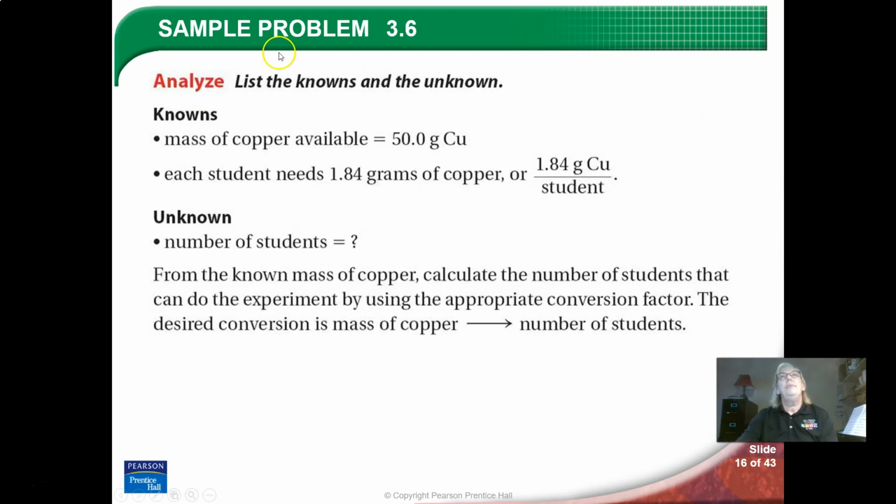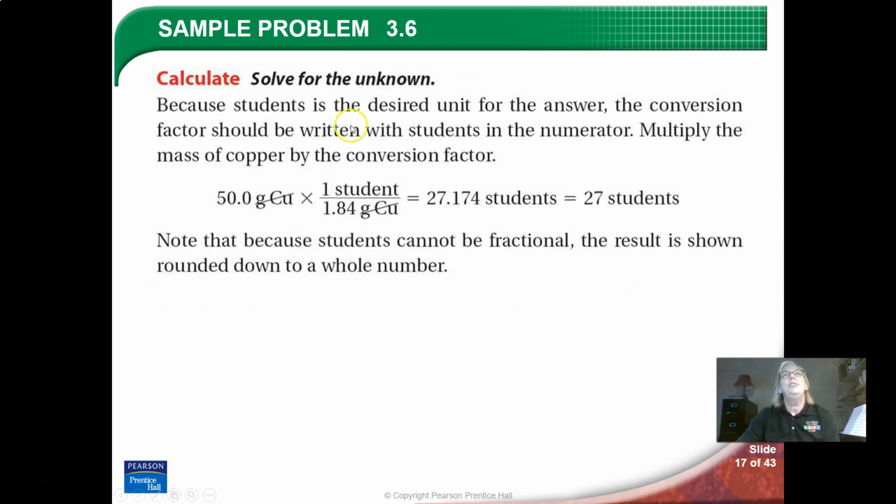So we know that we have 50 grams total, and each student needs that many grams, so that many grams for every one student. We have to figure out how many little segments of copper wire I have, and so how many students can do the lab. So I'm going to start with the big amount of wire.